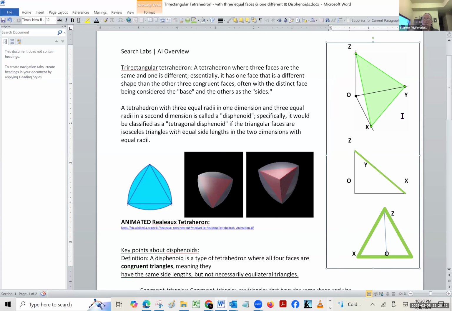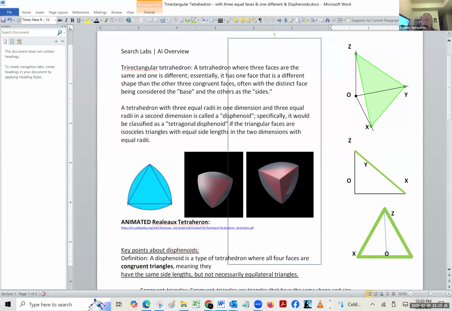Okay, so now we've learned about tri-rectangular tetrahedra. And this was the result of my epiphanies in a hypnagogic mind experiment. Why are these all screwed up? There should be Z up here, X down here, O over here.